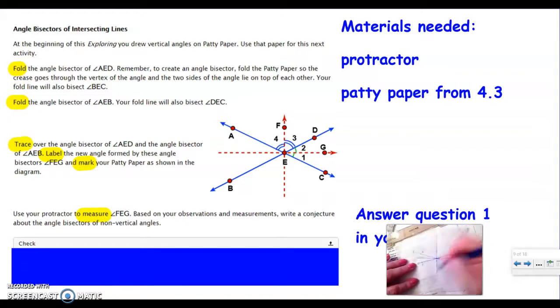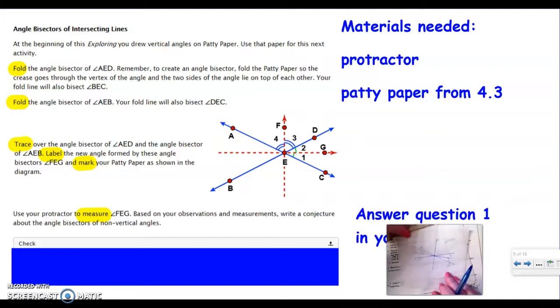Alright, and so what we're going to do now is we're going to measure angle. Let's mark some things here. Put a point here and label that as F, and put a point on this bisector and label that G. And so we're going to measure the angle FEG. So that angle bisector we created here, going through E and out to this angle bisector here.